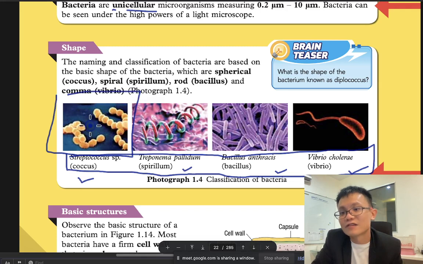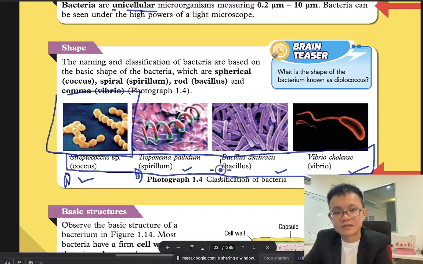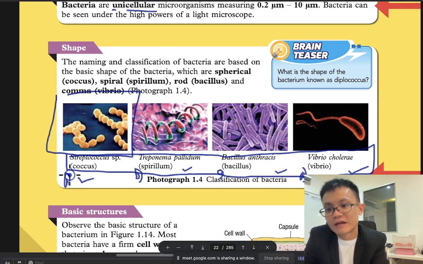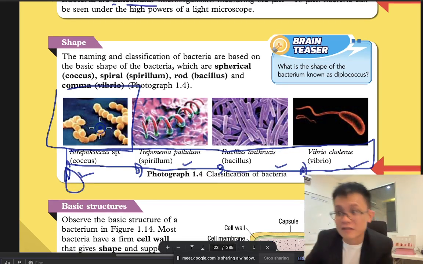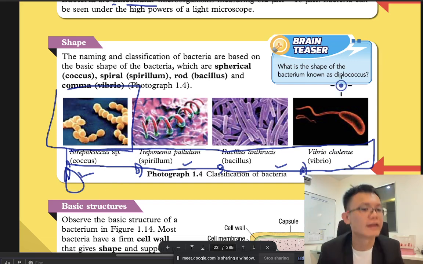Then the question will ask, what shape is this bacteria? A. Coccus, B. Spirillum, C. Bacillus, D. Vibrio. So you need to circle A. The shape is coccus. So you need to know the shape and the name as well, which is not easy.